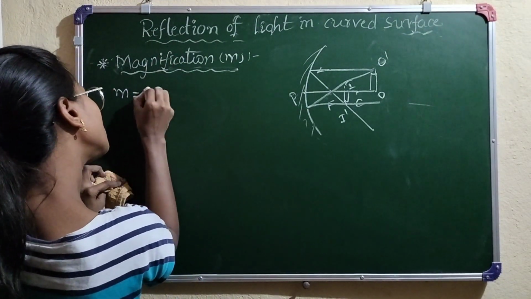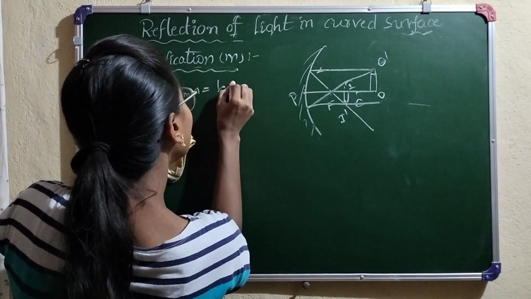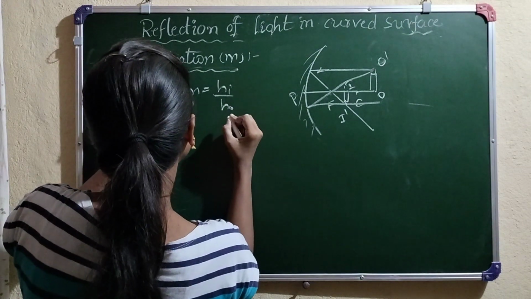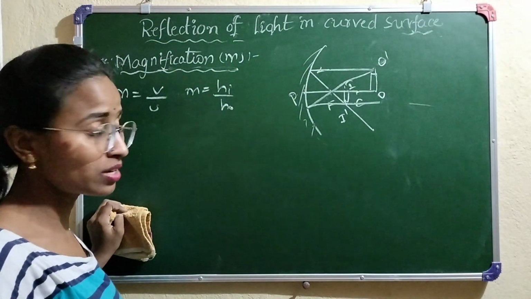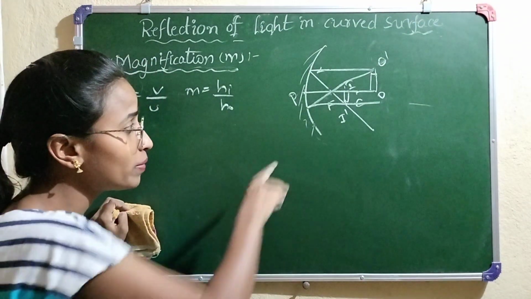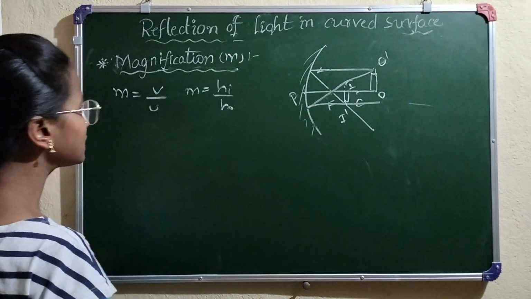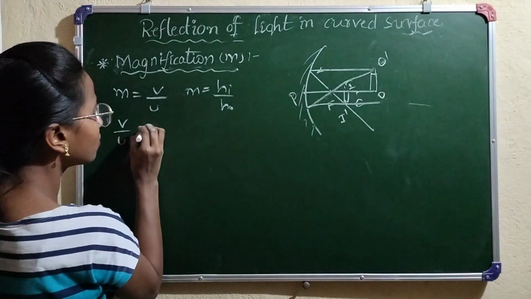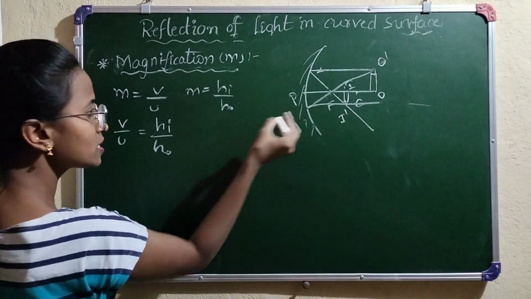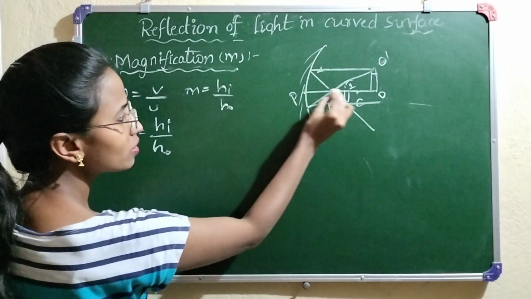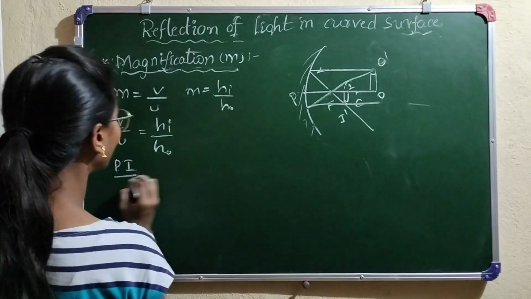From the two equations, minus v by u is equal to, and m is equal to hi by ho. This is based on the definitions, but whether we are getting minus or not we don't know yet; by this derivation you will know that. From these two, v by u is equal to hi by ho. So in this diagram, what is v here? P to I, Pi. What is u here? Po.